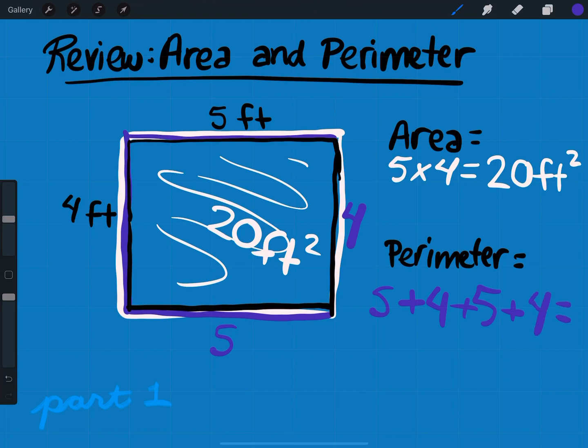So 5 plus 4 plus 5 plus 4 is 18 feet. Okay, so the area, you will multiply length times width, and the perimeter you add each side, and once you've added all the sides together, you'll have the perimeter.